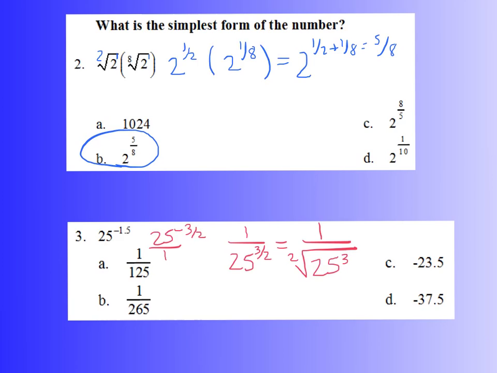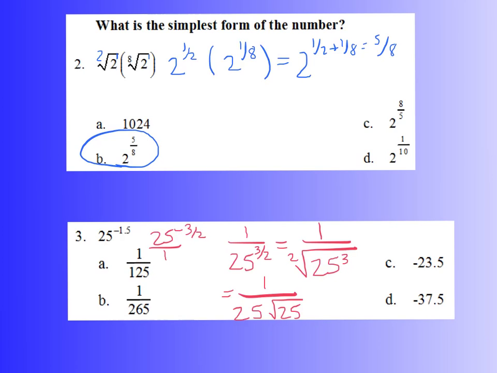Okay, so now we have 3 25s and everything needs to be grouped up into 2s. How many groups of 25 can I take out? I can take out one group of 25s. So I get 1 over, I can take out one group of 25s, and I still have 1 left over.